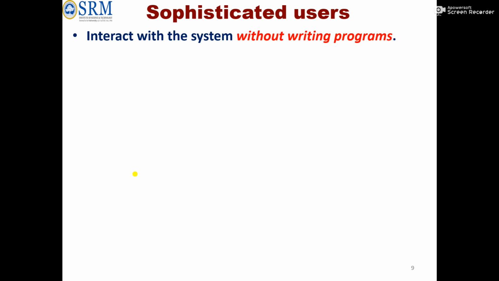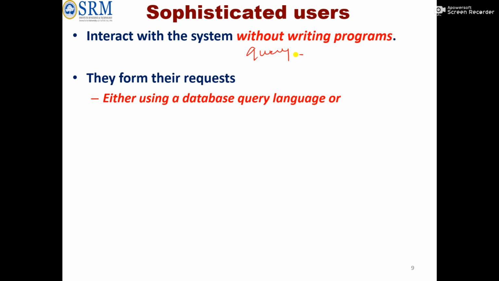And next are the sophisticated users. We can say the sophisticated users are the normal users. They interact with the system without writing programs. Without writing programs, how can they access it? By using query languages. Right? They form their request by way of a query, either by using a database query language or by using tools.